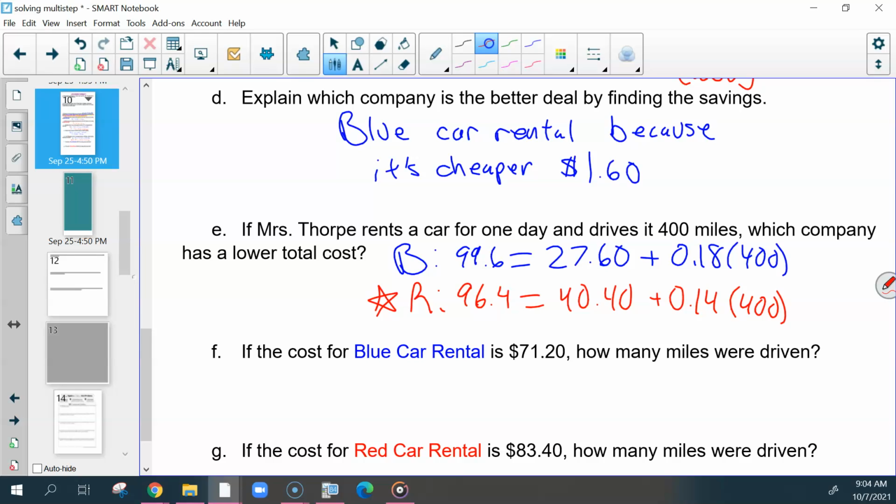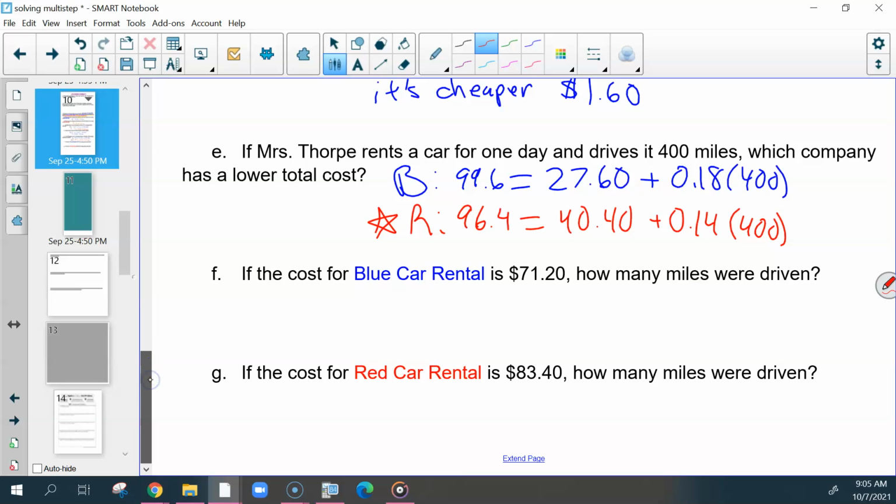So usually with problems like this, because the cost per mile is so similar, it's not that far off. Eventually, these costs are going to be equal at some miles, and then one is going to exceed the other.